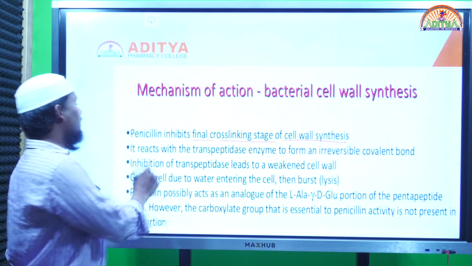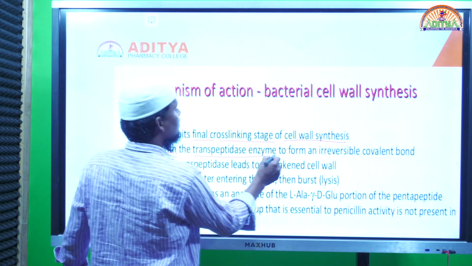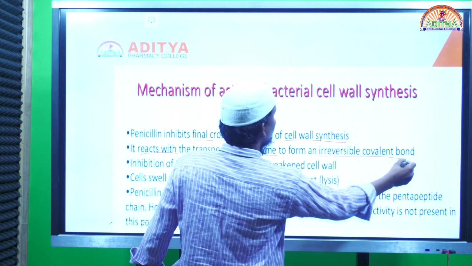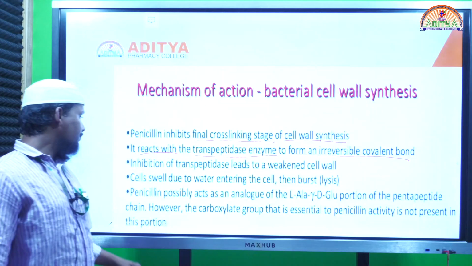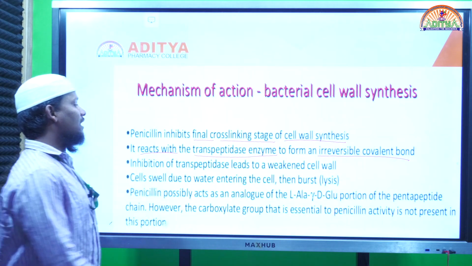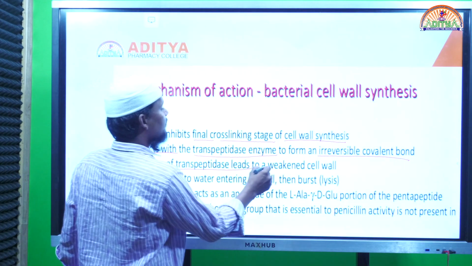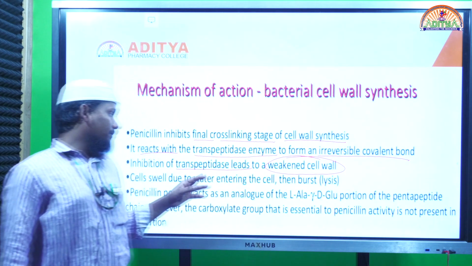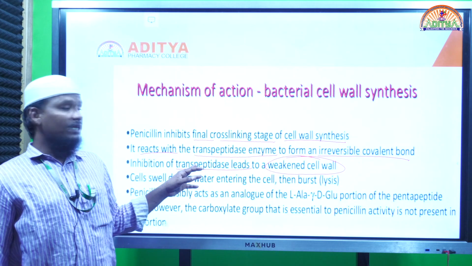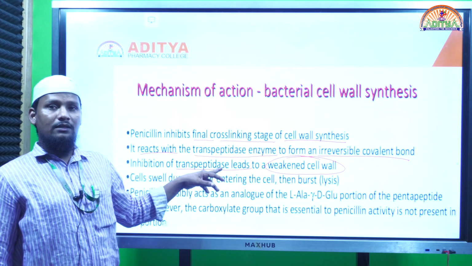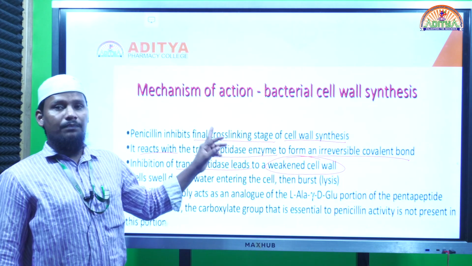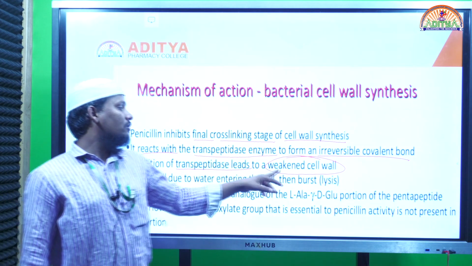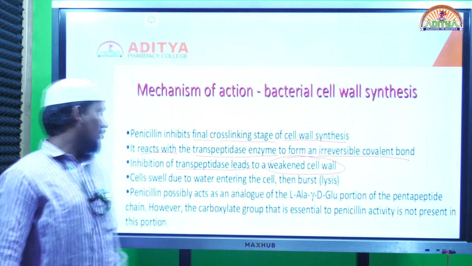And next, it reacts with the transpeptidase enzyme to form an irreversible covalent bond. Next, inhibition of transpeptidase leads to a weakened cell wall. Whenever our drug penicillin inhibits the transpeptidase, the cross linking between the amino acids gets inhibited, thereby leading to the weakened cell wall.